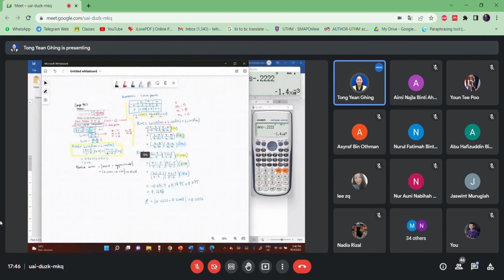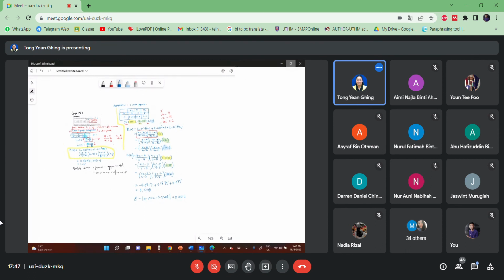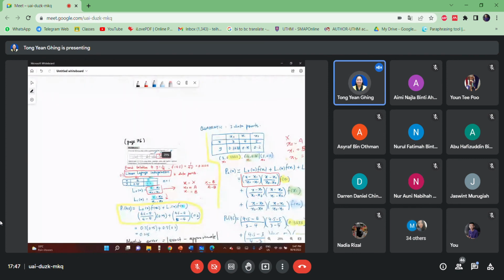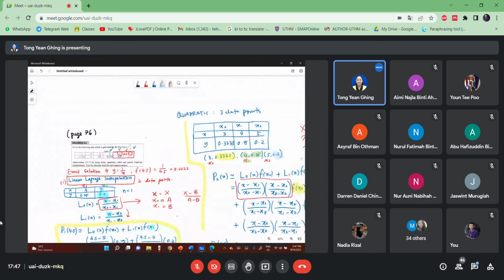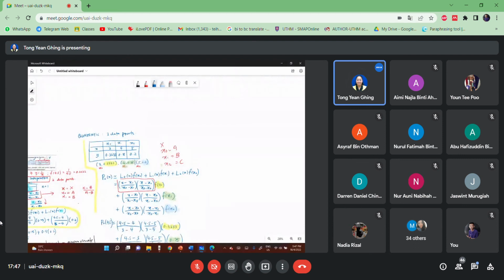So now is 3 data points. And then we have to continue with the cubic, quartic again. So that means, let's say, cubic means 4 data points. These 4 data points start from 2, 3, 4, 5. So now we go to the cubic.